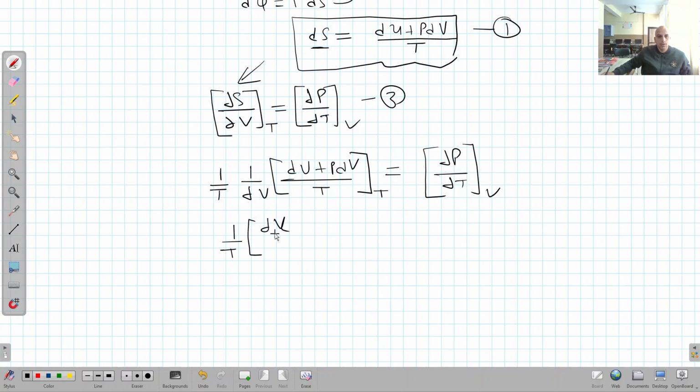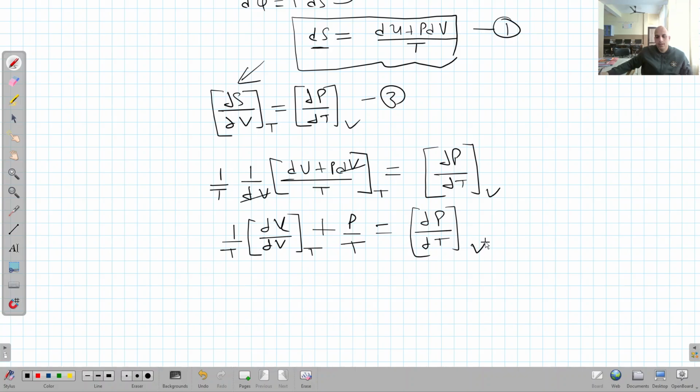So in that case, it becomes 1 upon T times (∂U/∂V) at constant temperature, plus ∂V gets cancelled, you will get P upon T, that is equal to (∂P/∂T).